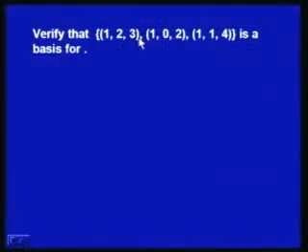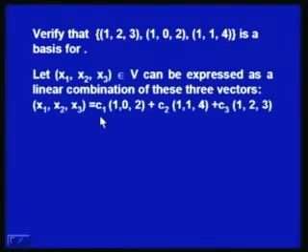One can check very easily, and then we can say that it forms a basis. Verify that (1, 2, 3), (1, 0, 2), (1, 1, 4) is a basis for V. So, we can consider any arbitrary vector in V, (x1, x2, x3), and try to express it as a linear combination of these 3 vectors.